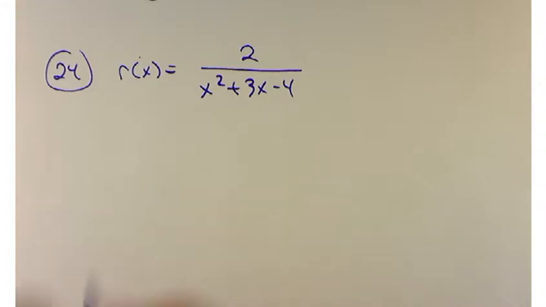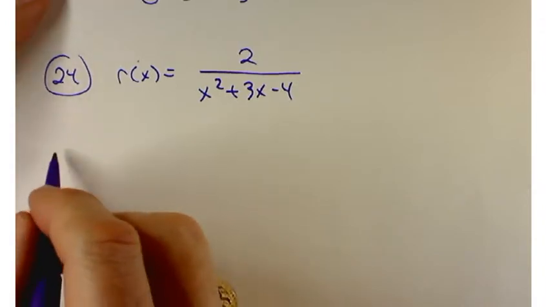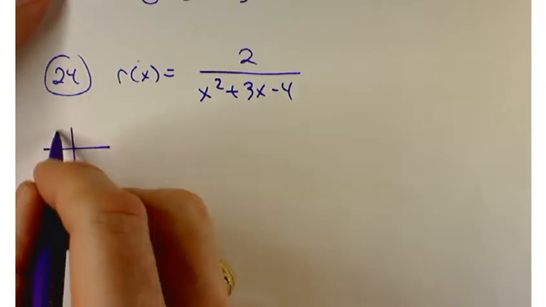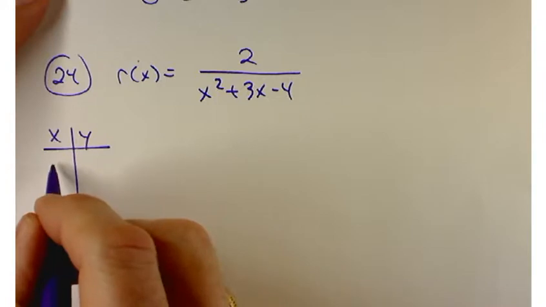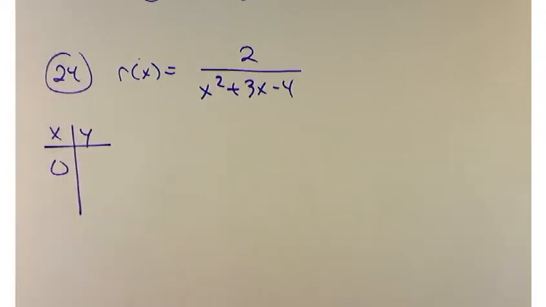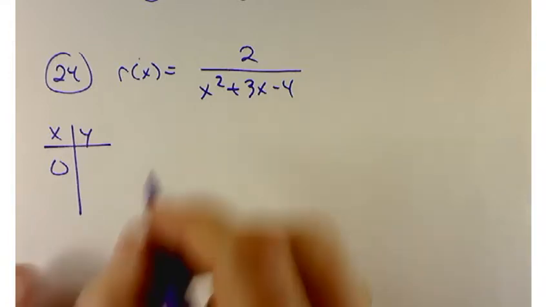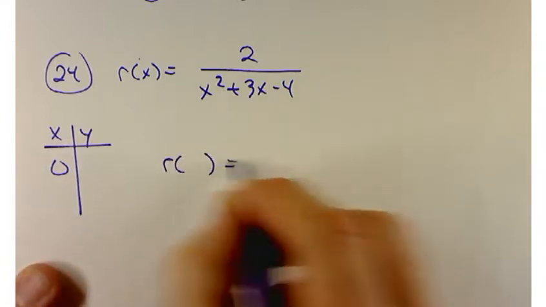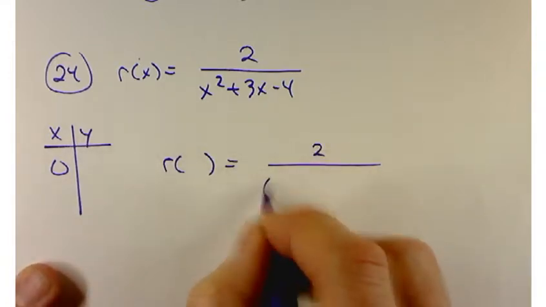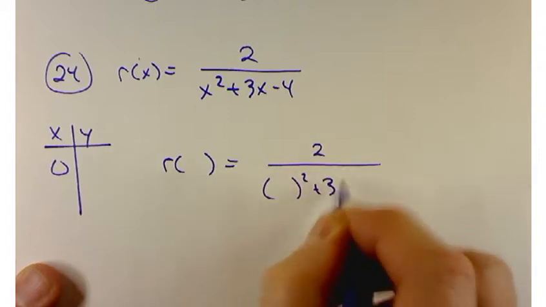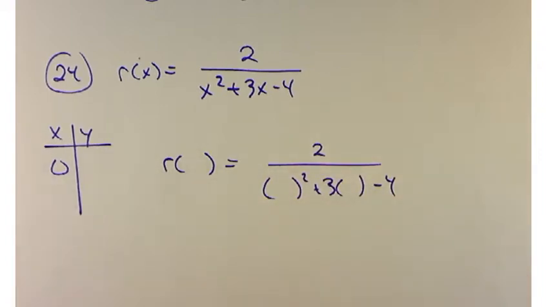We want the x-intercepts and the y-intercept. So as before, we'll start out by setting x equal to 0. So r of 0, can anyone just read off what r of 0 is going to be?